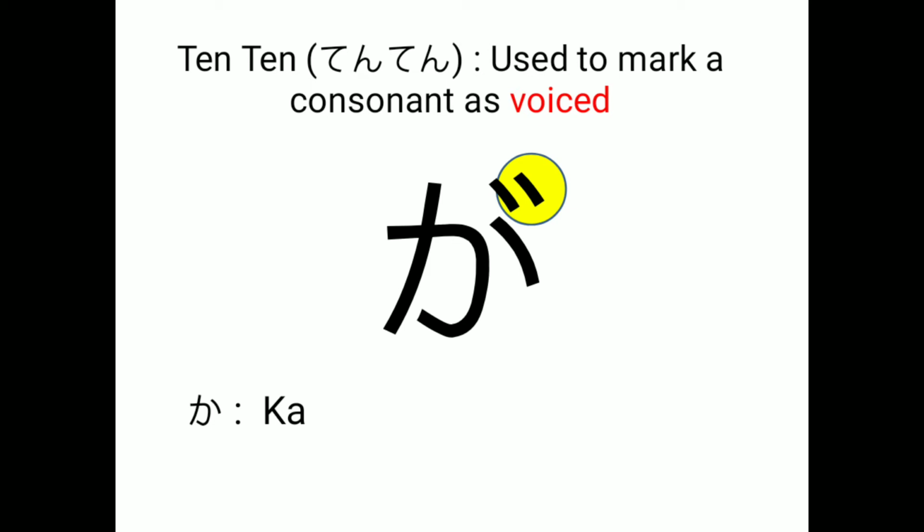If you add those two dots, or the teNten, beside ka, then it becomes ga. Now, ga is the voiced form of the consonant. It's not really a consonant, it's a phoneme, ka, right? So when you add the teNten to ka, it becomes ga.